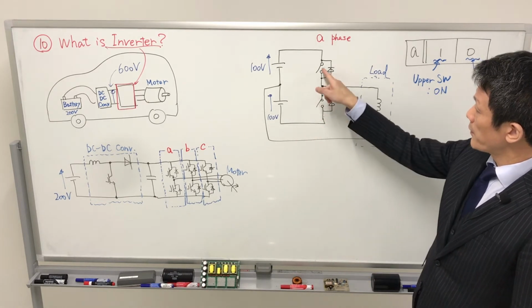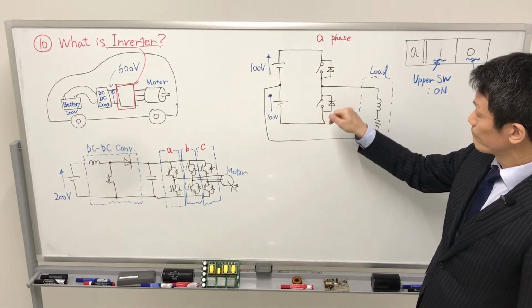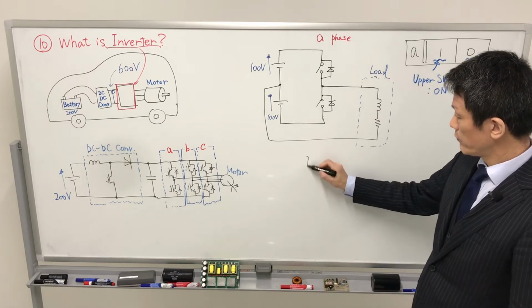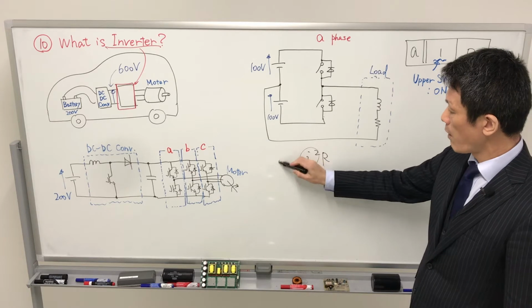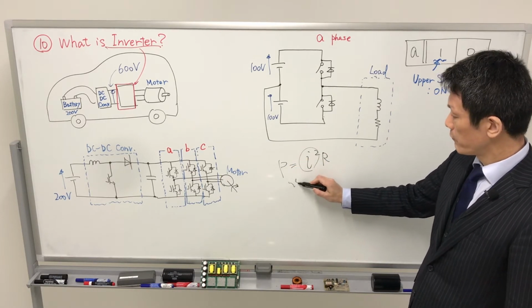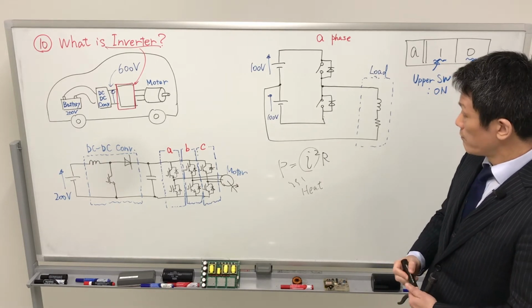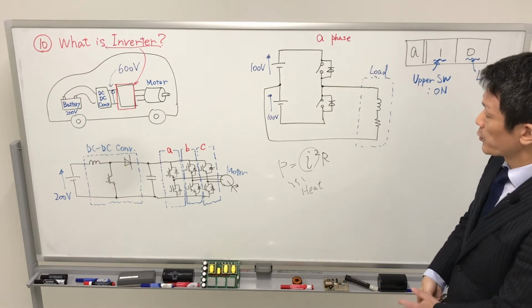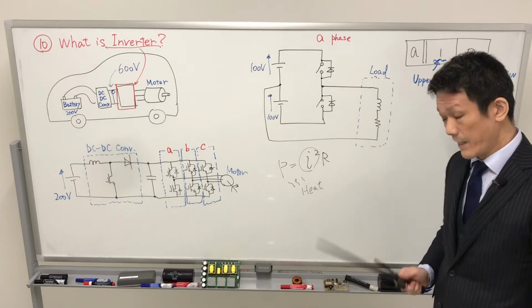If there is resistance, huge current means power, and power means heat. So each power semiconductor is broken owing to the heat.